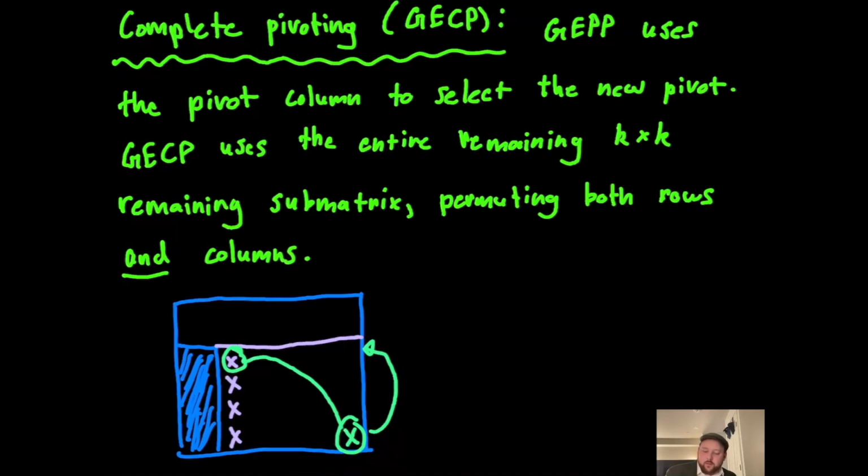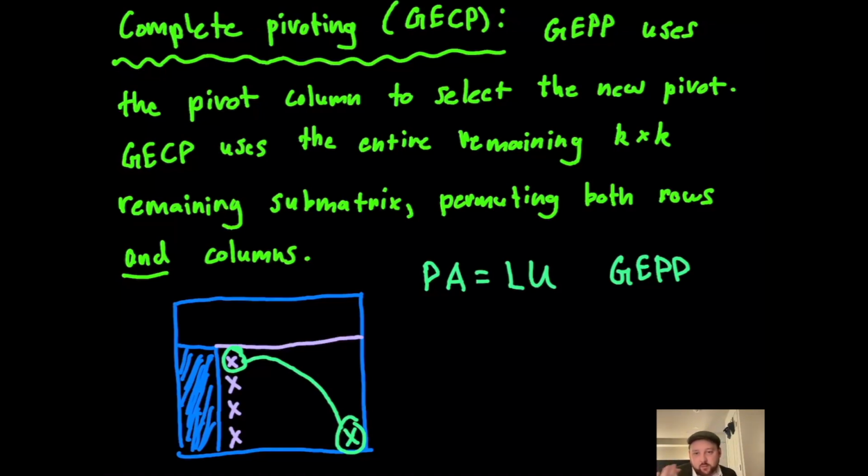Let me write this out in matrix form. With partial pivoting, you might need a permutation of the rows of A, so that you are able to LU factor it successfully. That was GEPP. But now with complete pivoting, how do we represent the fact that we also might need to swap the columns, in addition to the rows?